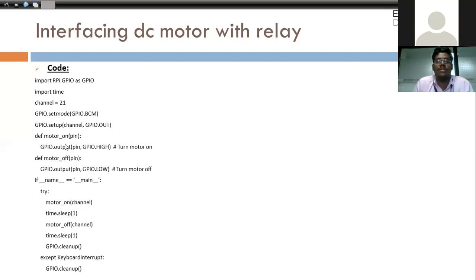These are the two functions just to switch the motor on and off. Or you can write this condition directly inside the main function, so it is easy to write.